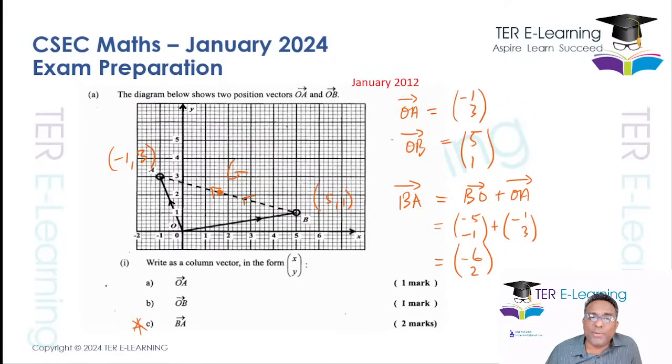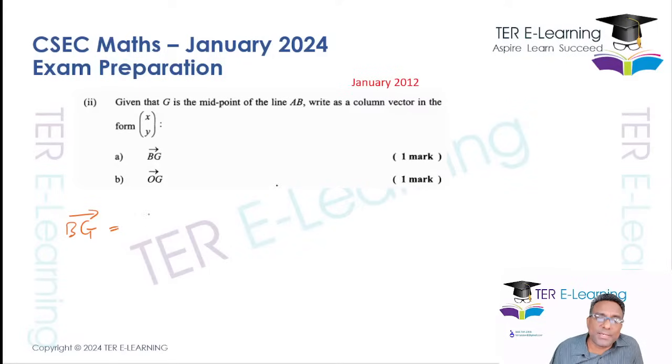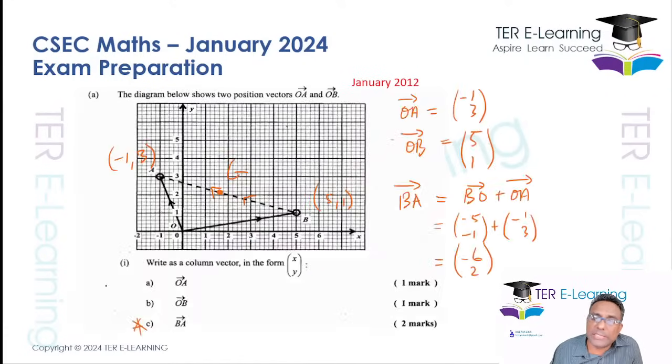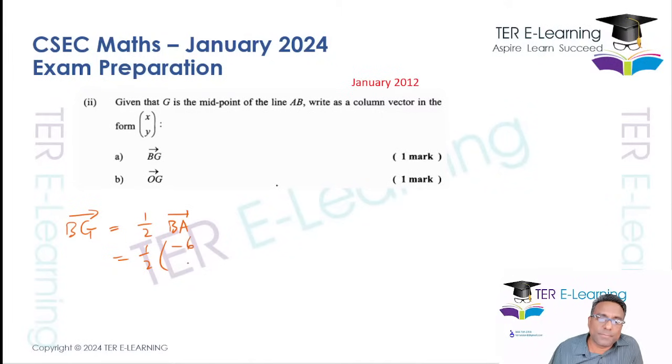Now you already worked out BA. Now BG is simply going to be a half of BA, which is a half multiplied by the vector BA, which is -6, 2. Right, so this is going to be -3 and 1. So that's the vector BG. So that's the answer for this.